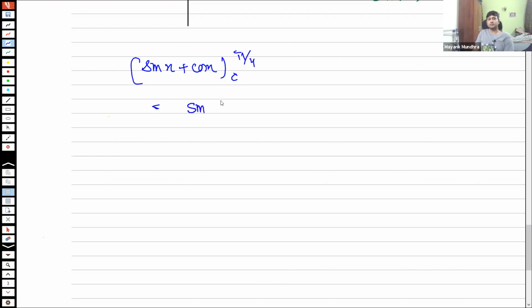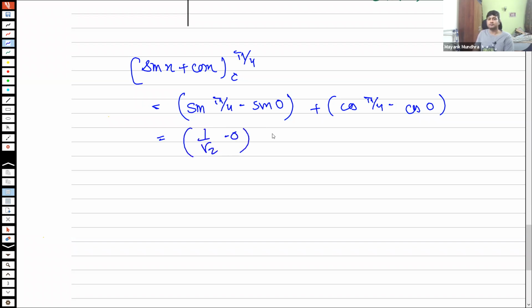That is sine of pi by 4 minus sine of 0, plus cos of pi by 4 minus cos of 0. Sine pi by 4 is 1 by root 2, minus 0, plus cos pi by 4, which is also 1 by root 2, but this thing is minus of 1, because cos 0 is 1. The cosine table is different from the sine table. So this is basically root 2 minus 1.